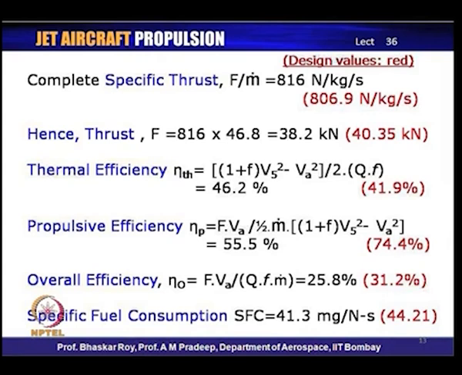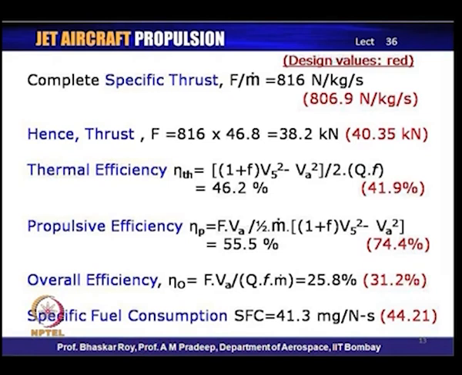Which, as you see now, is slightly higher than the design specific thrust of 806.9. So, your off design specific thrust is coming out to be a little more than the design specific thrust, because of the various operating conditions that have been prescribed, and the fact that the compression ratio is higher than the design point.